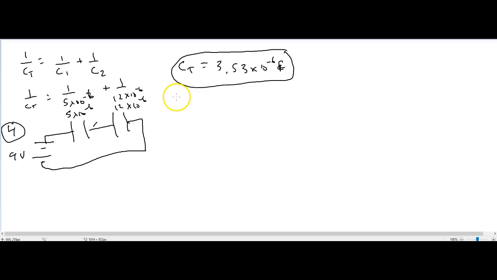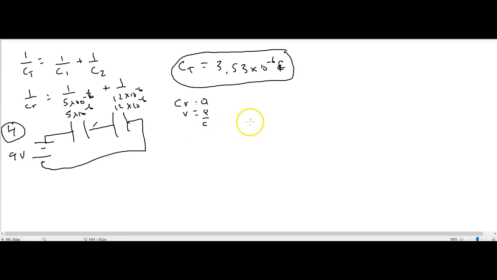We can also say that we know the charge for these is going to be the same, agreed? Since the charge is going to be the same, we can actually do Kirchhoff's law on this if we wanted to. Because remember, if CV equals Q, then V equals Q over C, agreed?